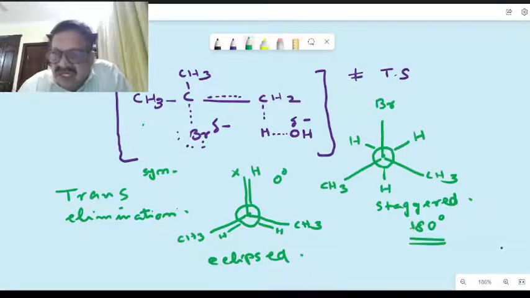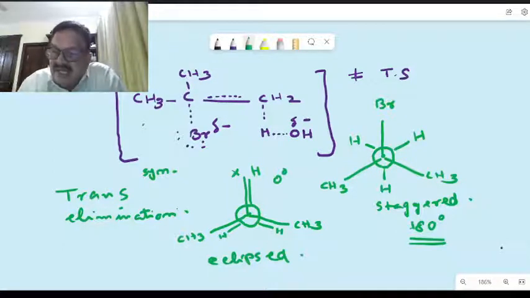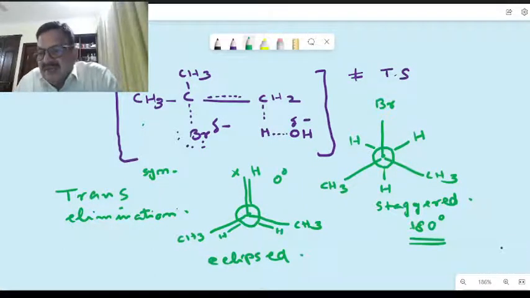That is the preferred orientation for any alkyl halide undergoing E2 elimination. The reaction takes place in the lower energy staggered conformation, that is the anti-periplanar geometry. So E2 elimination occurs most often in the anti-periplanar geometry, that is the trans elimination.